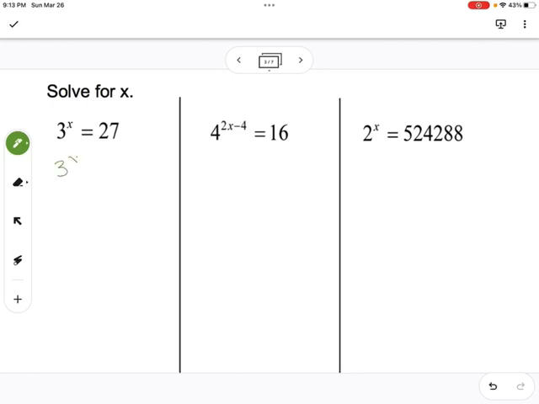So 3 to the x equals 3 to the exponent something, which will give us 27. So 3 to the exponent 3 gives us 27. Okay, this might take a little trial and error with your calculator to find out what works to get the same base here. Once the bases are the same, again, you can drop the base, just keep the exponent. So we have x equals 3.